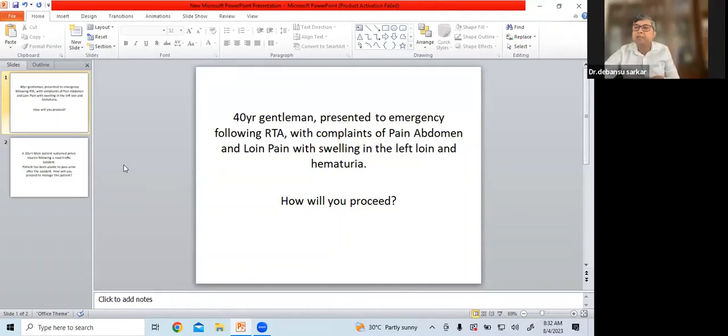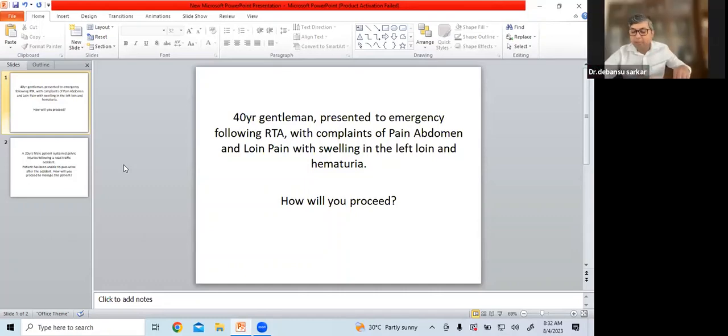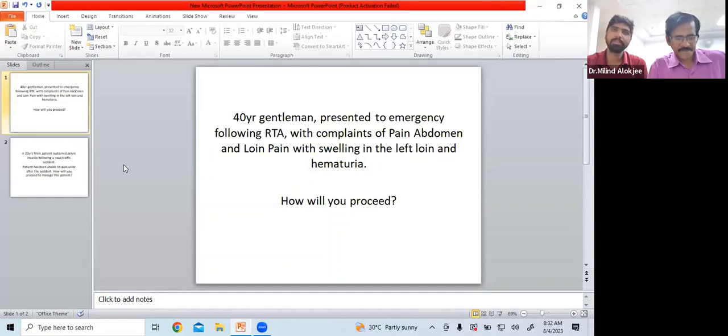Sir, anything else in renal trauma? We can ask a little about the grading of injury, which is often asked. Can you tell me the CT grading of injury and the importance of doing this grading? Sir, there are 5 grades of injury. Grade 1 is subcapsular hematoma without any laceration. Grade 2 is less than 1 centimeter laceration of the cortex or perirenal hematoma.